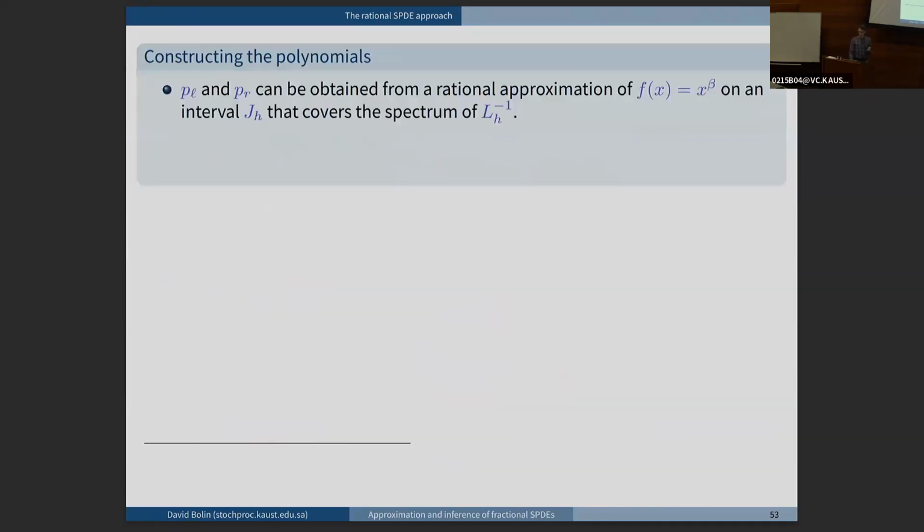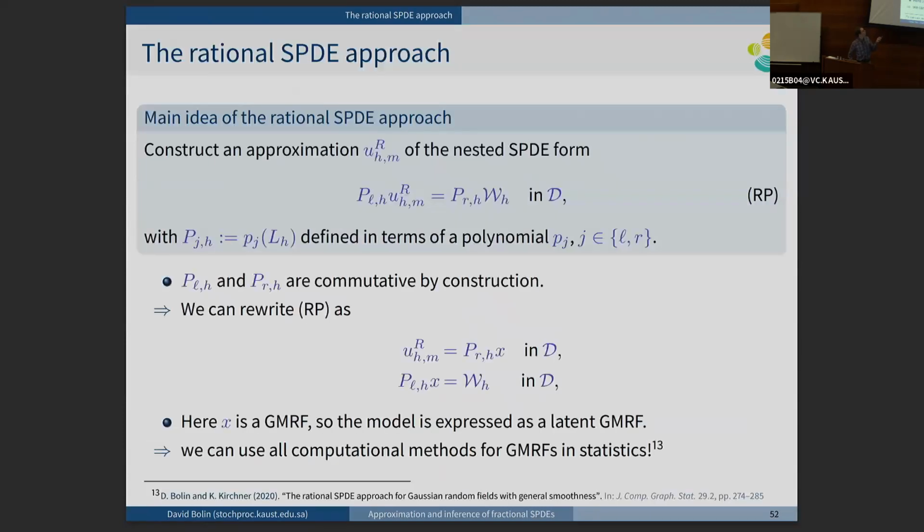And so there are many ways that you can actually do this. One idea that we had was that you can compute the coefficients in these polynomials simply by doing a rational approximation of that real-valued function x to the power of beta. So you do a rational approximation of that real-valued function, and you use the coefficients in that rational approximation when you evaluate these polynomials here.